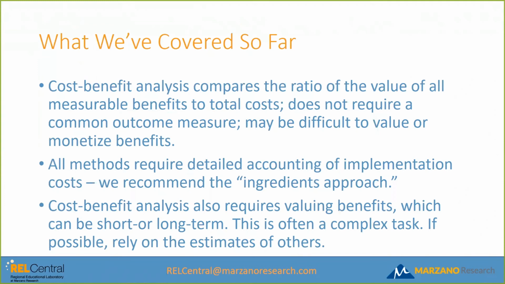All of these methods require a detailed accounting of implementation and operations costs, which we're calling the ingredients approach, which was developed largely by Levin's shop at Teachers College. Cost-benefit analysis, as we discussed, also requires fairly sophisticated and complex valuing of the benefits that we've observed.